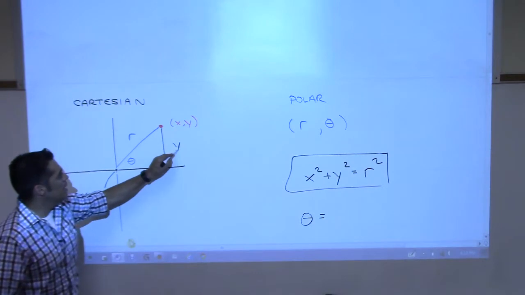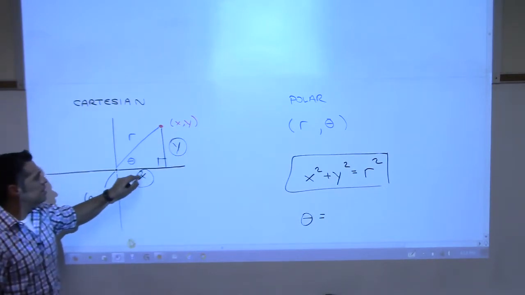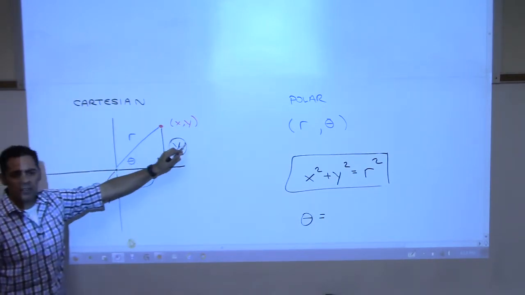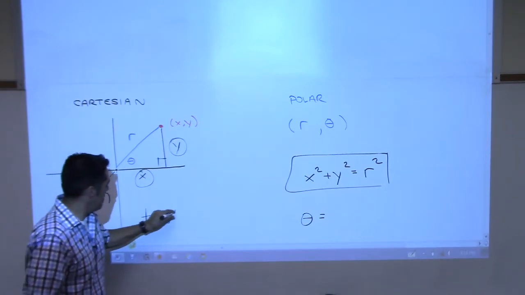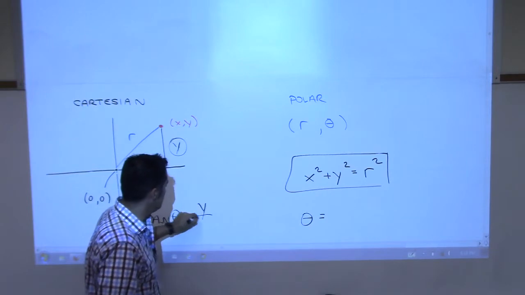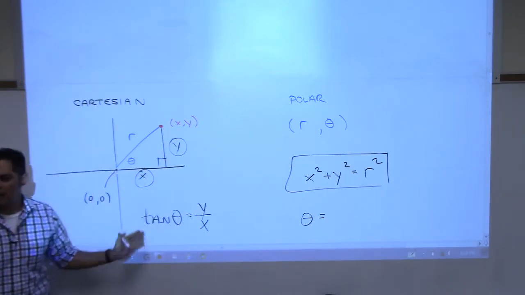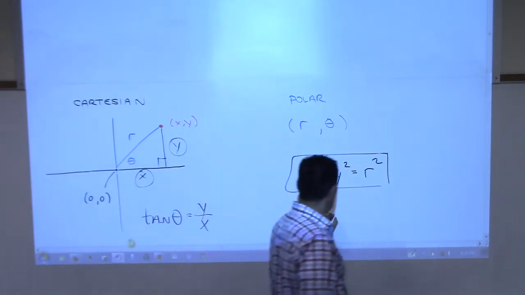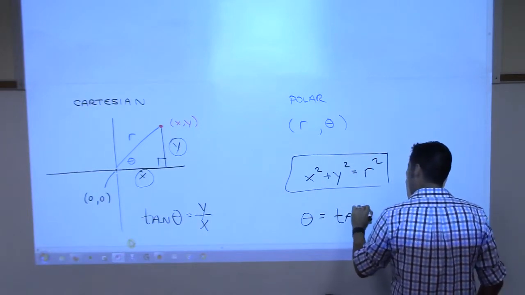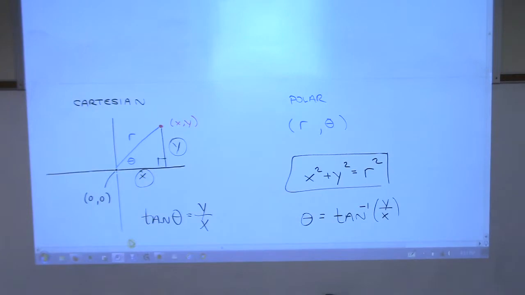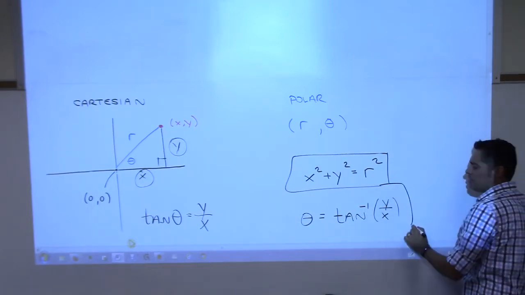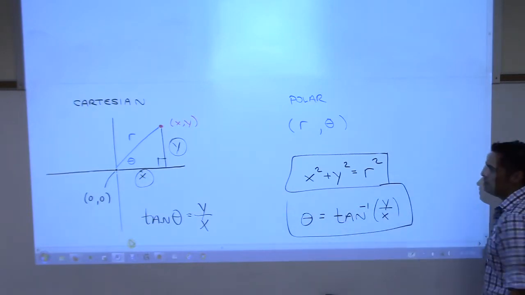If I know what y is, and I know what x is, I know tan theta is y over x. So if I take arctan on both sides, then theta would be arctan of y over x. That's another relationship we have, so long as x isn't 0. If x is 0, that's not defined.